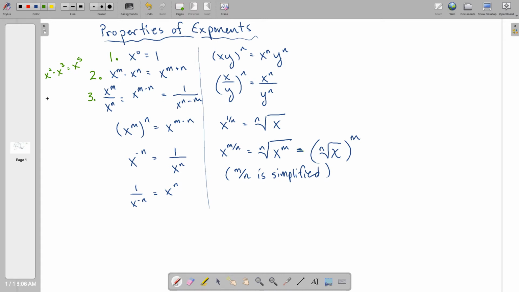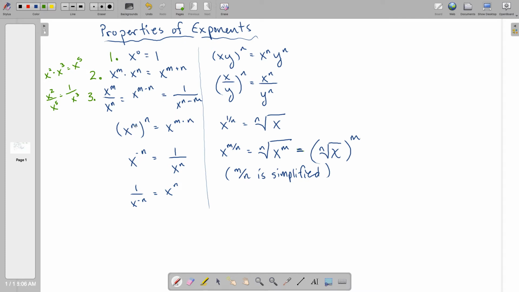And just to see why this would make sense, if I had x squared over x to the 5th, 2 of the x's up here would cancel with 2 of the x's down here, leaving you with 3 x's multiplied on the bottom and just a 1 on top. Okay, so that's what that's saying.